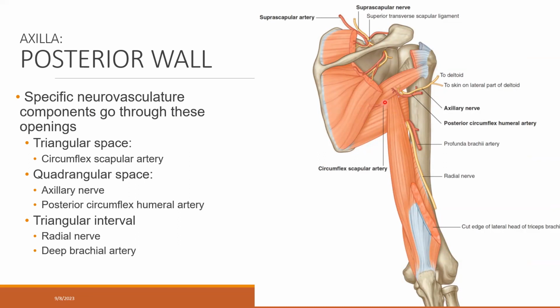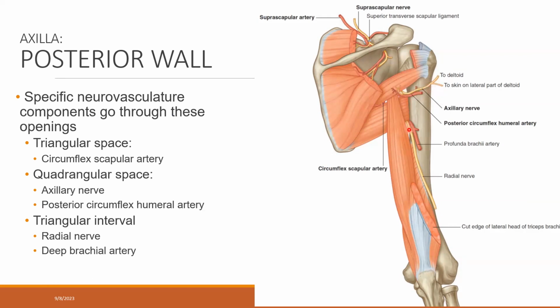Why? Because it will take way too long for them to circle the surgical neck if they go through there. And so the axillary nerve and the posterior circumflex humeral artery, because they need to circle this surgical neck, need to go through the quadrangular space, which is the space that is the nearest to the surgical neck itself.